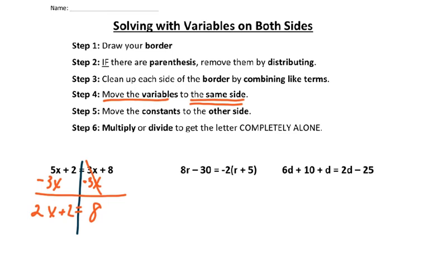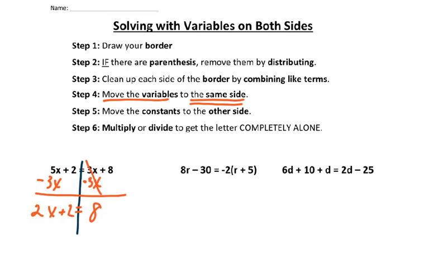So again, I had to move my letters so that they were together on one side of the equal sign. To move a 3x, I had to subtract 3x, and when I came over here, I subtracted 3x. 5x's minus 3x's was 2x's.